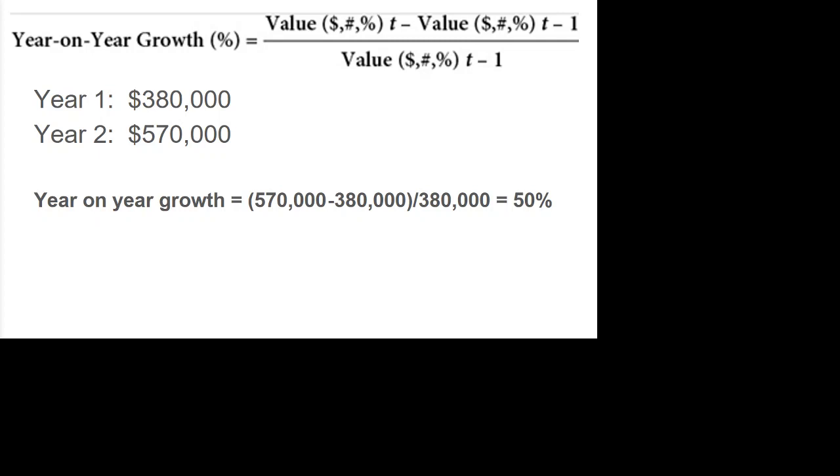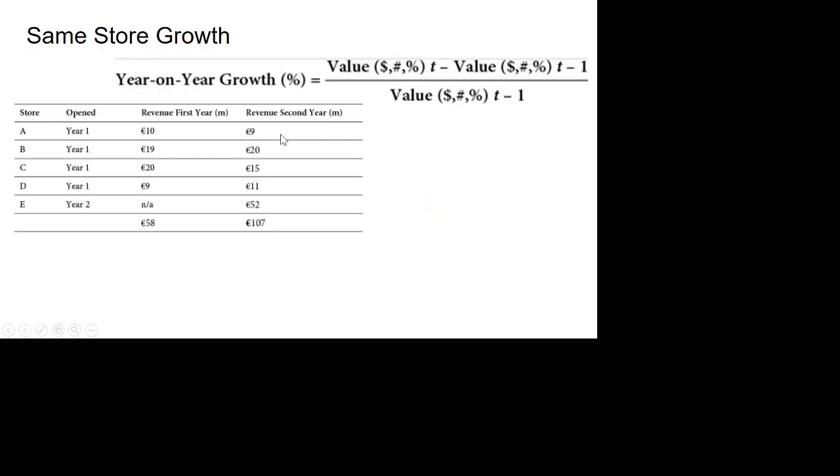Theoretically, by adding more locations, your sales figures are going to be higher, just because there are more locations. So in that situation, year-on-year growth doesn't necessarily make a whole lot of sense because it's now an apples to oranges comparison. So what you can do is what we call same store growth.